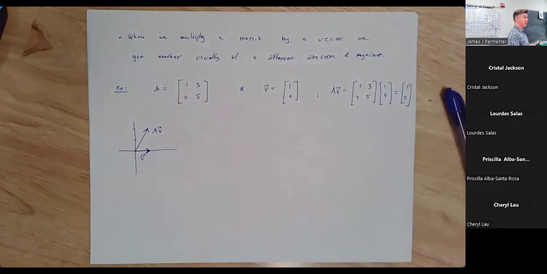And that is typical. Usually when you multiply a matrix by a vector, you get a vector that's pointing in a different direction and its length has changed. However, there are some matrices that keep one of those things the same. If you want to not change the length, well, then you're rotating the vector, sorry.